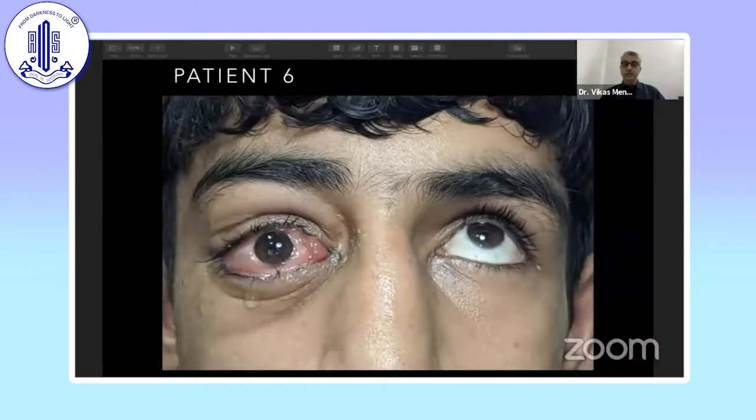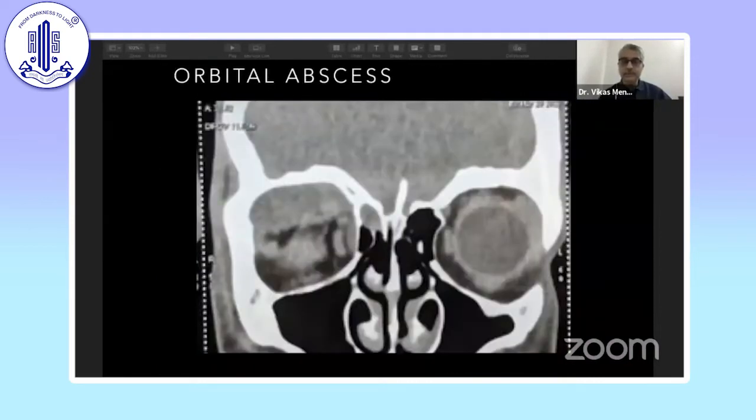Another presentation where this young chap presented with obvious limitation of movement in upgaze. There was a lot of chemosis, a lot of periocular edema, and intense pain and fever. Now, when you image this kind of a patient, you can see here the CT scan shows a lot of haziness, a kind of mass in the superior orbit.